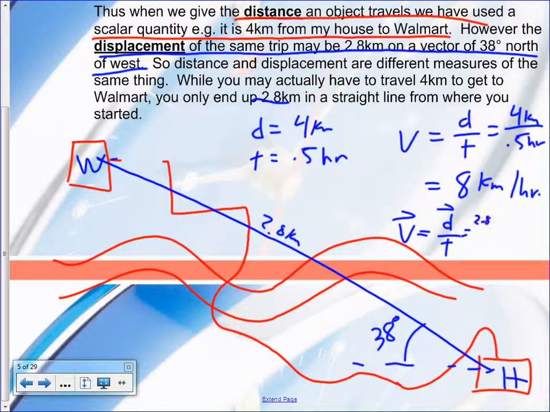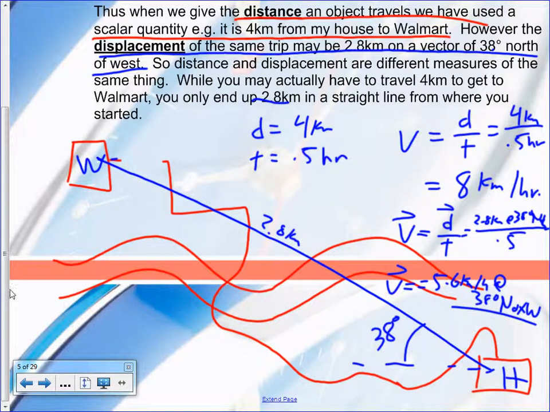And that still took me half an hour. So my velocity ends up being 5.6 kilometers per hour at 38 degrees north of west. Why do I have to include that? Tom? Right. Velocity is a vector quantity, so I have to leave the direction on.